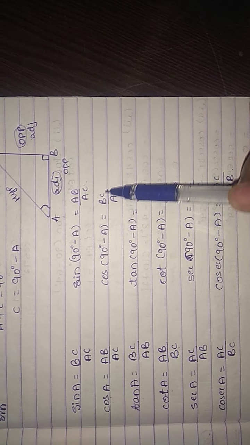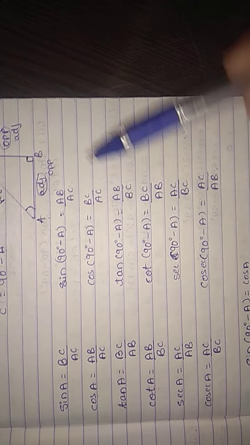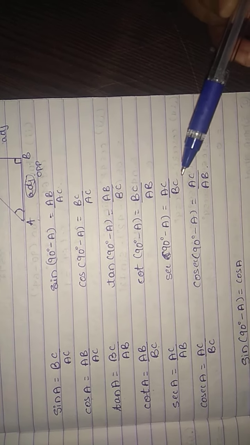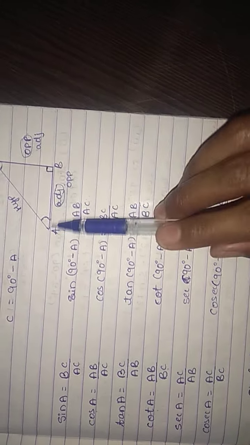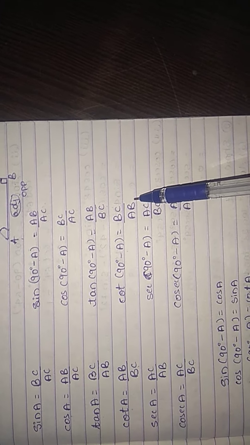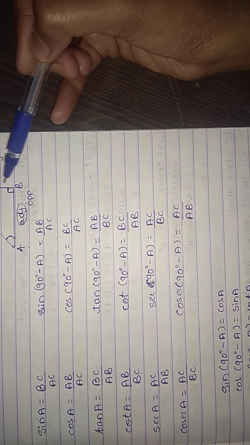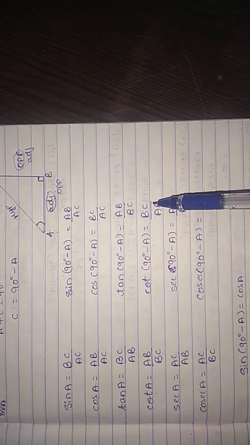Adjacent by hypotenuse means BC by AC. Tan 90 minus A is opposite by adjacent. Opposite is AB and adjacent is BC. Cot 90 minus A is adjacent by opposite. Adjacent is BC and opposite is AB. Right.